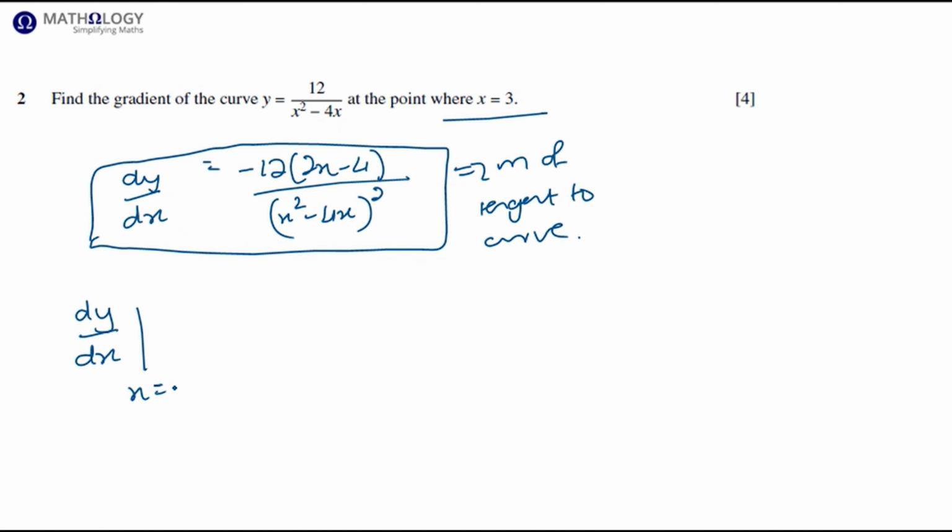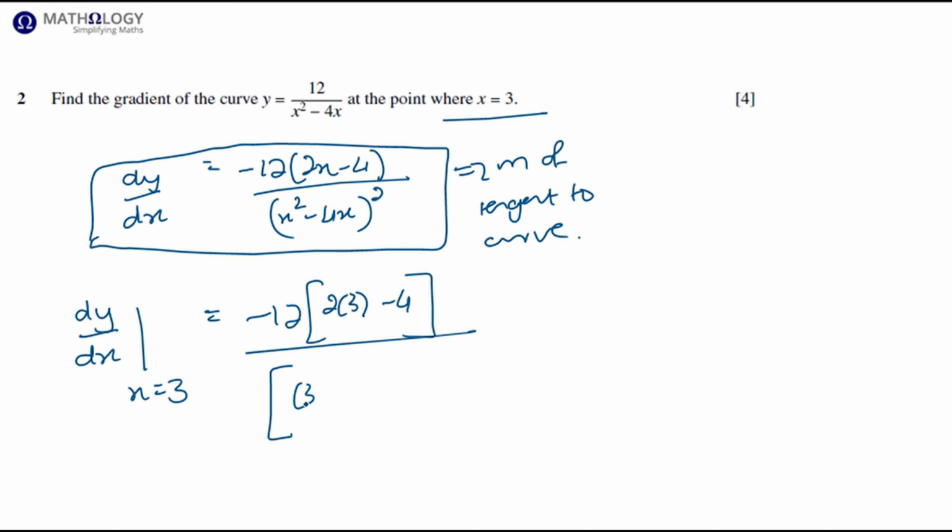So the gradient of the tangent to the curve at the point where x equals 3 is minus 12 times (2 times 3 minus 4) divided by (3 squared minus 4 times 3), and that is all squared.